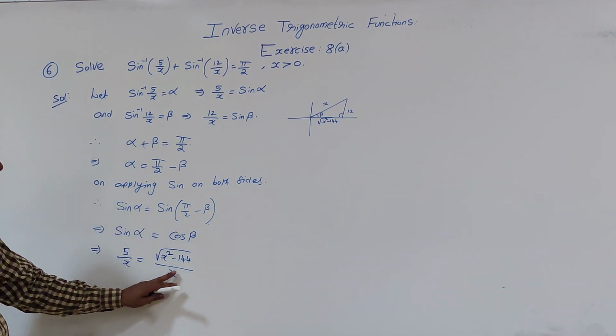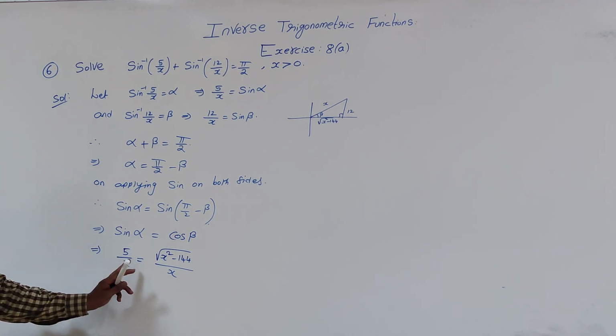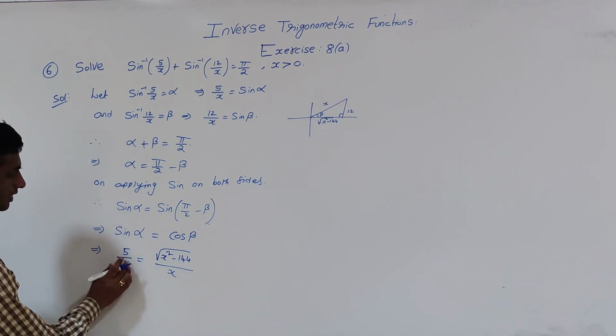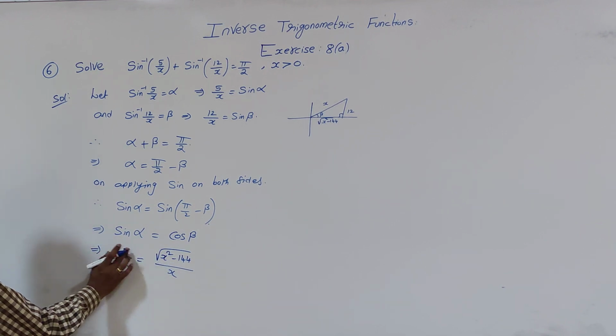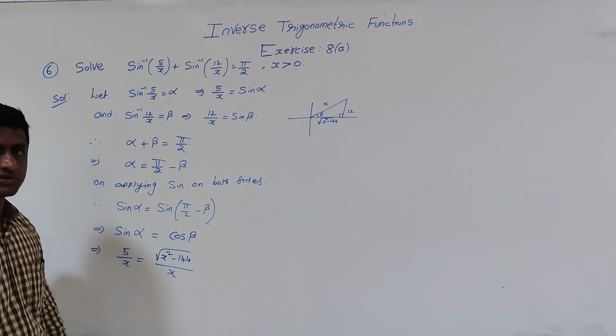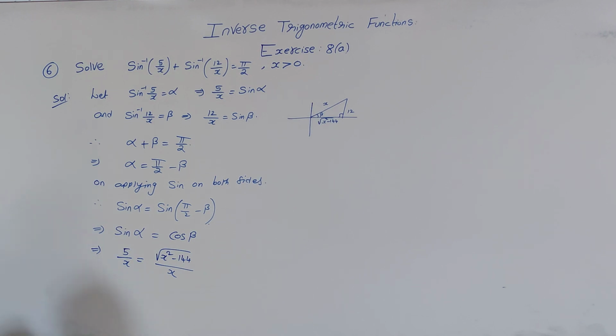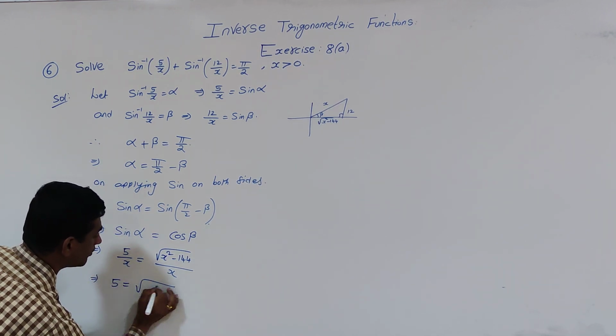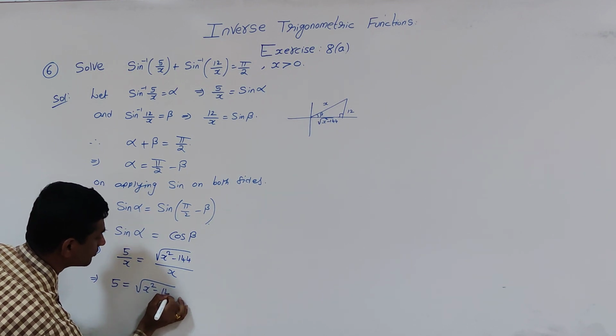So both are equal. If you take the cross product, it will be 5x is equal to x into under root of x square minus 144. So x will cancel. So we have 5 is equal to under root of x square minus 144.